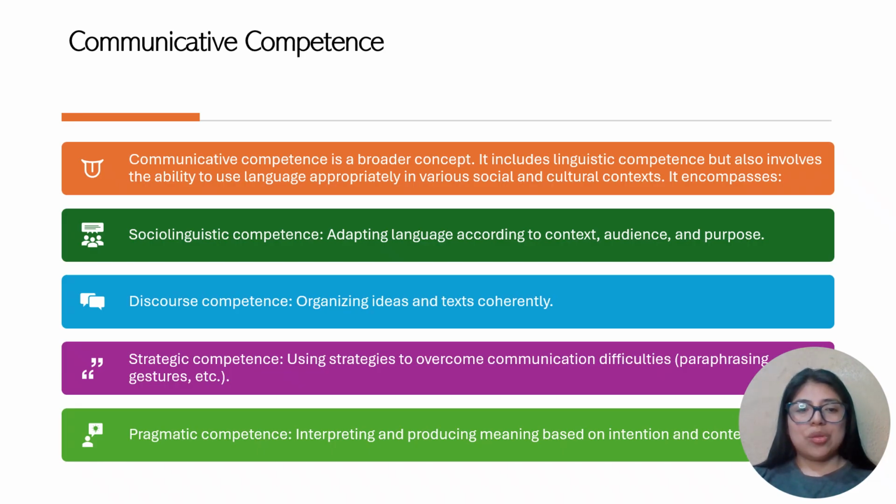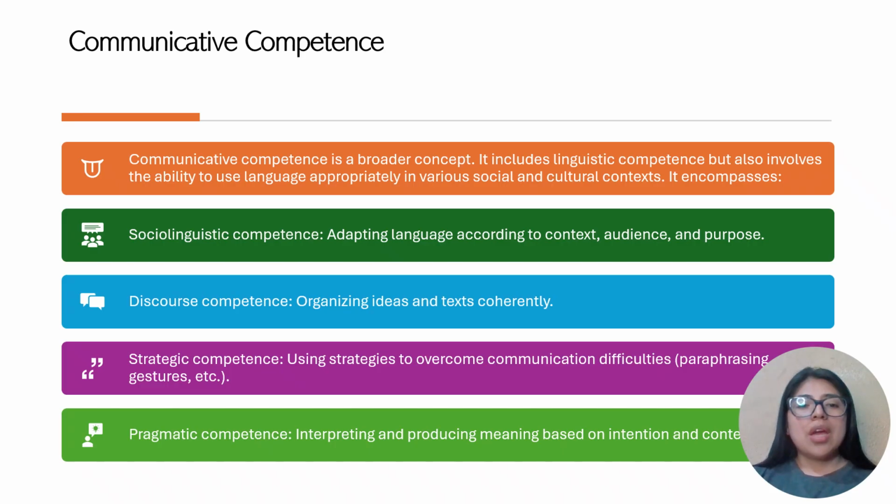Communicative competence includes linguistic competence, but it also involves the ability to use language appropriately in different social or cultural contexts. In other words, it's about being able to communicate your message clearly, politely, and effectively, depending on who you are speaking to, where you are, and what your purpose is.